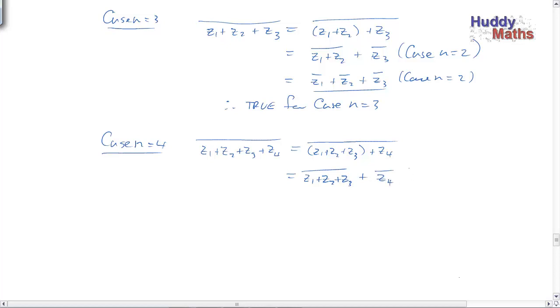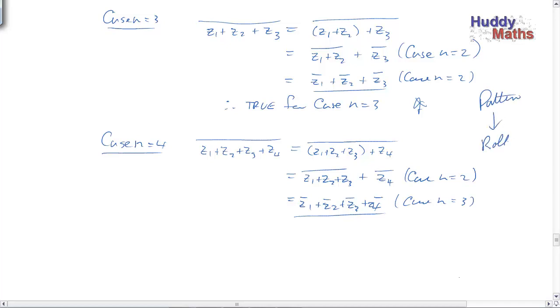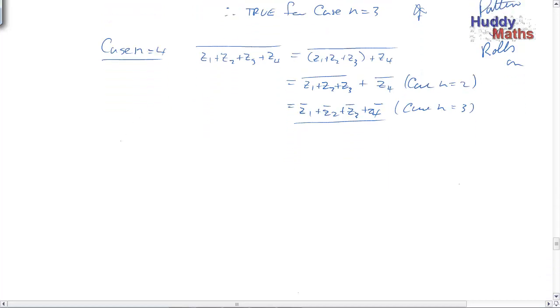So I'm applying case n equals 2. And then I can break this from what I've established for case n equals 3. And what I'm doing there is applying that case n equals 3 from up here. Okay, can you see I'm starting to develop a pattern, because I must establish the pattern rolls on for all n. It must be the same way every time.